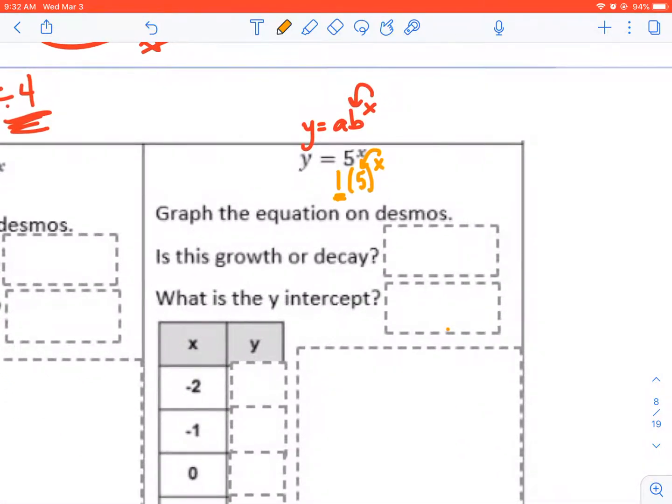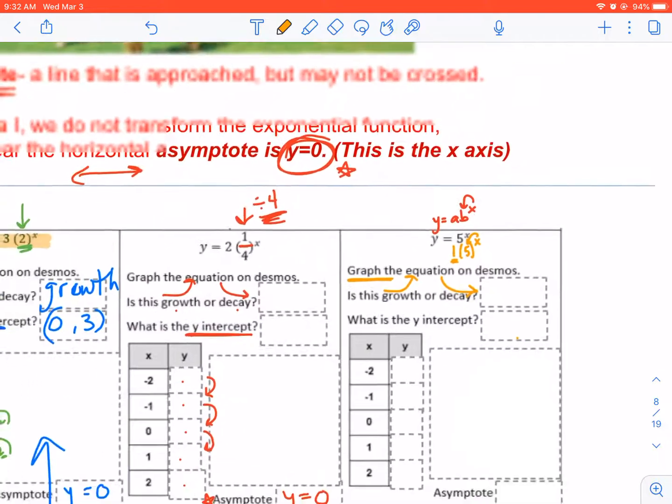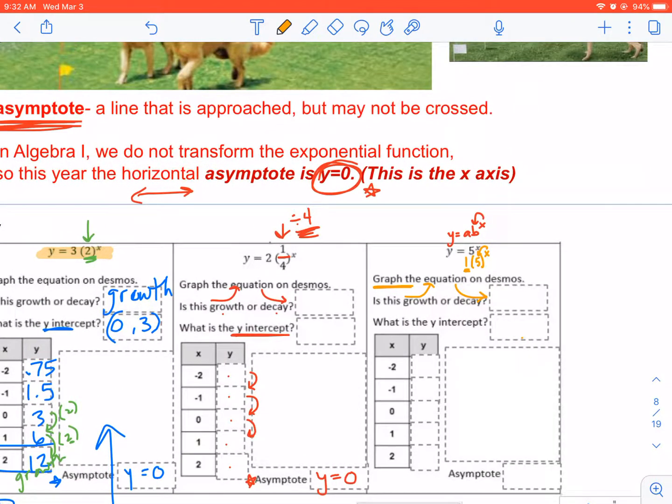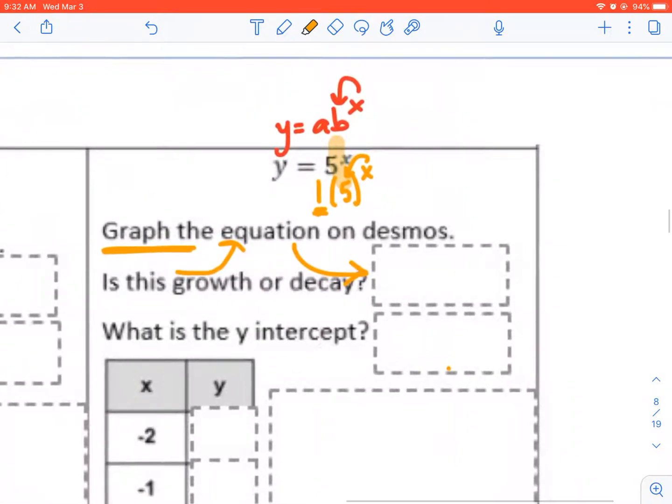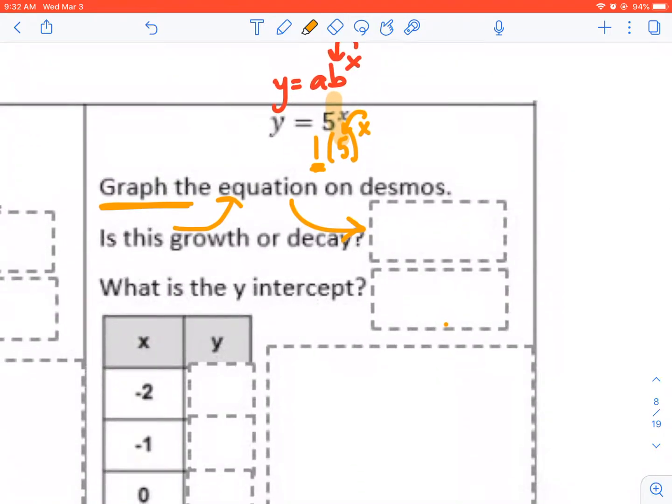You are going to graph this on Desmos. You're going to decide again if it's growth or if it's decay. You can also know if it's growth or decay by looking at your multiplier. Is that bigger than 1? It's going to be growth. If it's less than 1, between 0 and 1, it's going to be decay. You can tap to find your y-intercept, and your y-intercept is going to be on your y-axis.